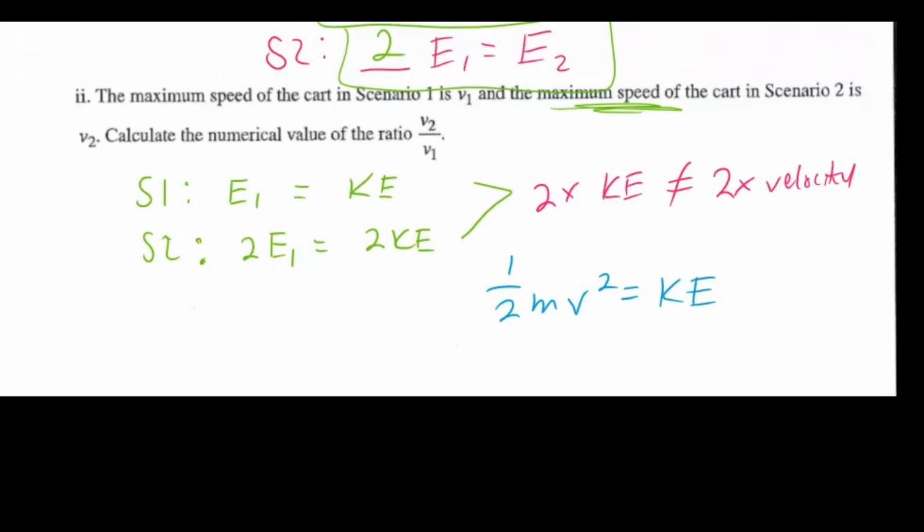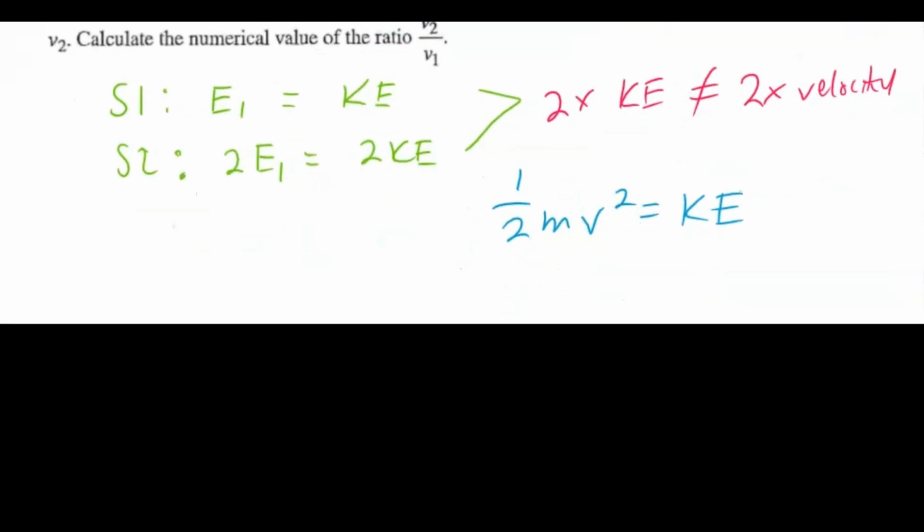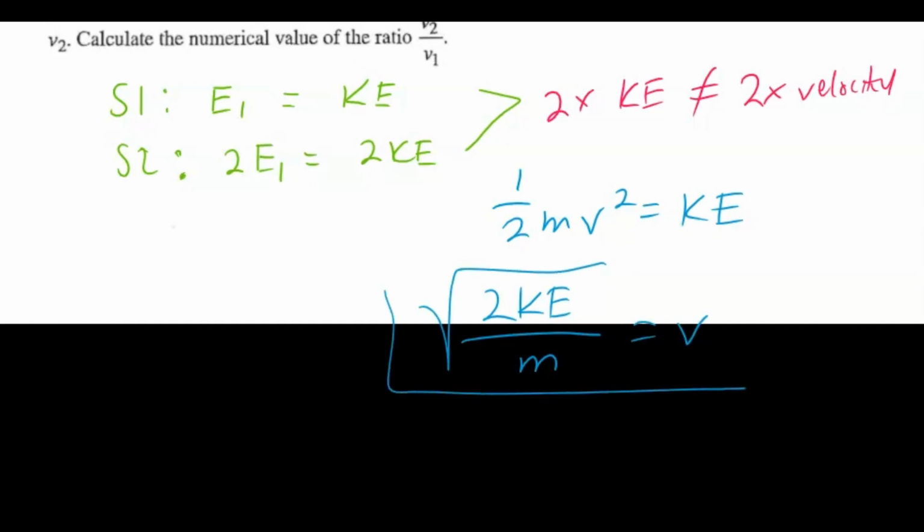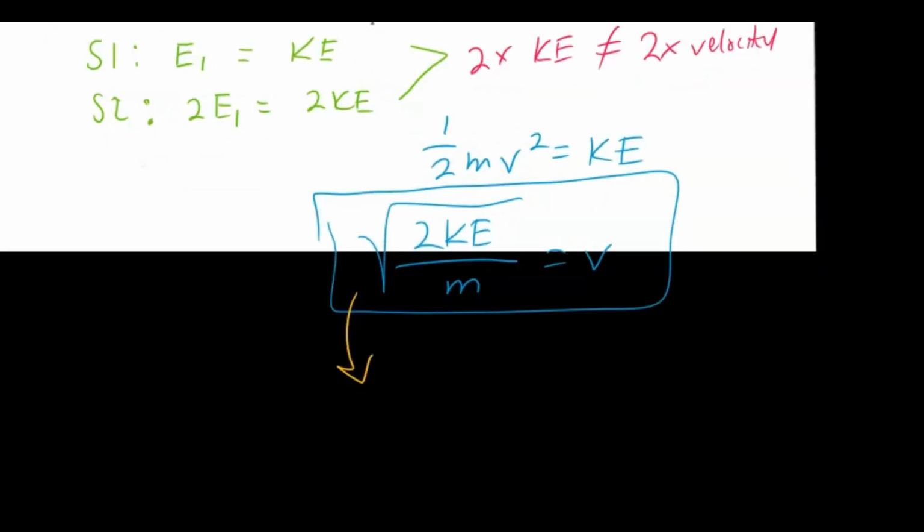Now we want to isolate the velocity, so we take the total kinetic energy times 2 over mass, and the square root of that is equivalent to velocity. This is the original one, and this is if the kinetic energy has a coefficient of 1.